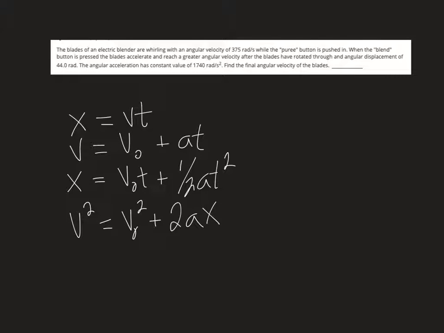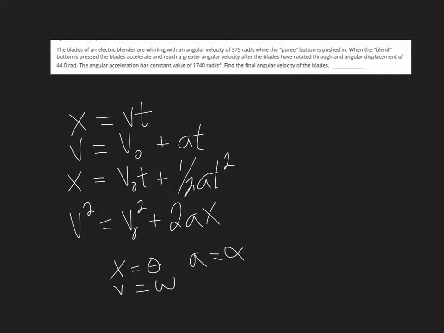So we can really just transfer, if we think of x equaling theta, and v equaling omega, because that is angular speed, and then a equaling alpha, which is angular acceleration.